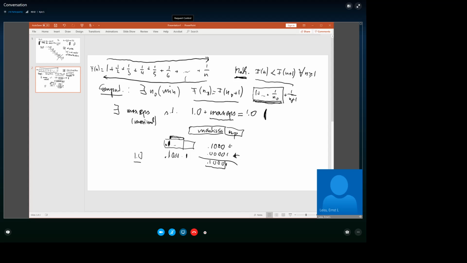So if I want to get f of n, instead of going 1 plus 1/2 plus 1/3 plus 1/4 and so on, I'm going to do 1 divided by n plus 1 divided by n minus 1 plus 1 divided by n minus 2, etc. 1/6 plus 1/5 plus 1/4 plus 1/3 plus 1/2 plus 1.